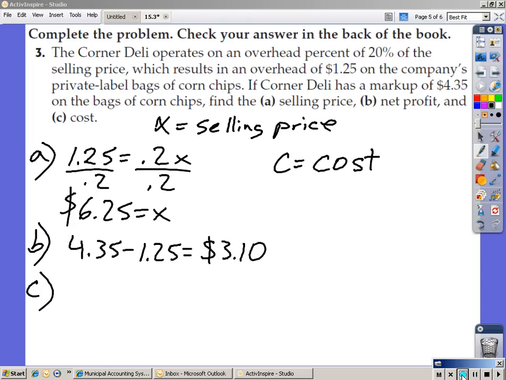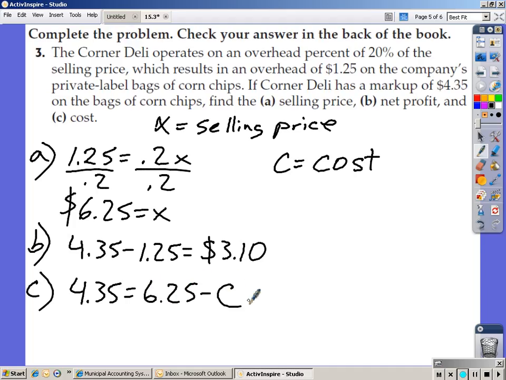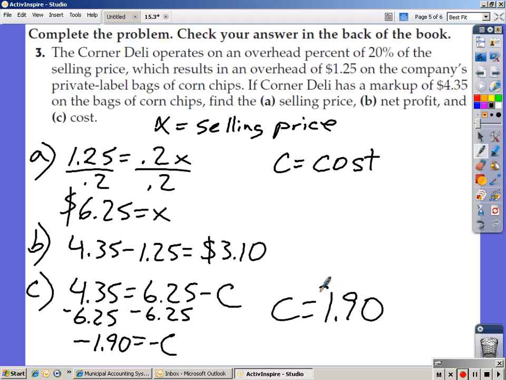All right, so now if my markup is 4.35, markup equals selling price of 6.25 minus my cost. Subtract 6.25 from both sides. You end up with minus 1.90 equals negative C. Divide a negative 1 by both sides, you get C equals $1.90. Okay? $1.90 is my cost.